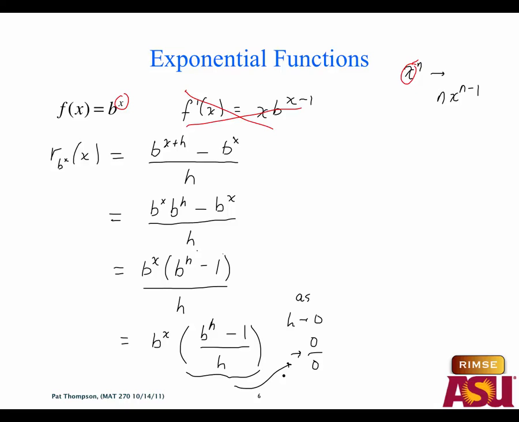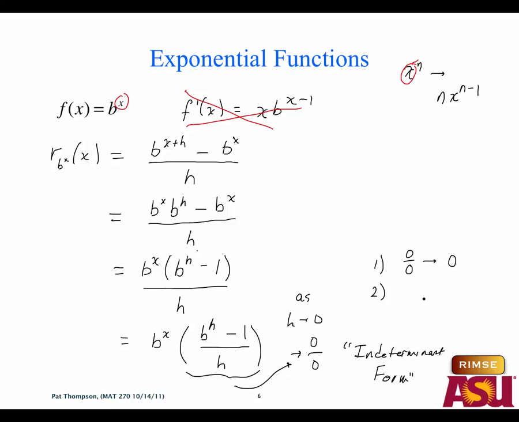This is called an indeterminate form. There are three possibilities for 0 over 0, depending on the context. Possibility number 1: 0 over 0 could be 0.